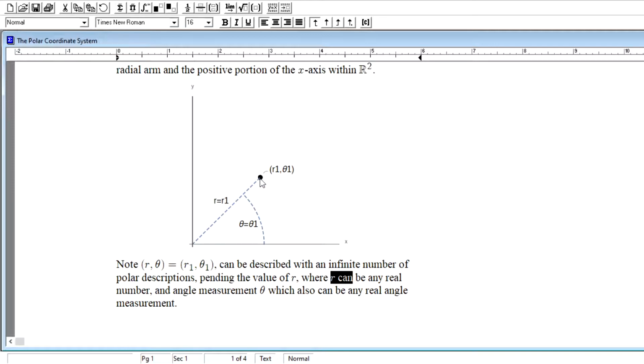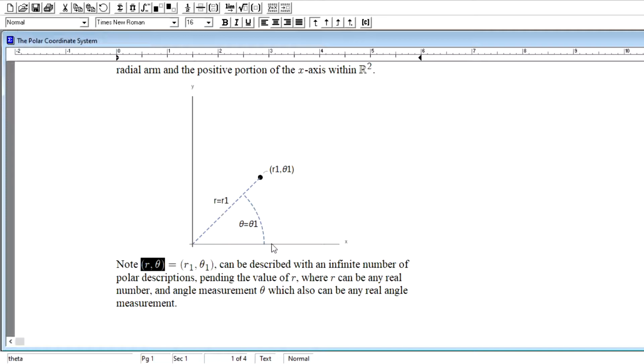Well, this description of location in this two-dimensional space, if described using the polar coordinate r comma theta, can actually happen with an infinite number of different descriptions, which vary depending on these values of r and theta, where r and theta can be any real number in their description.